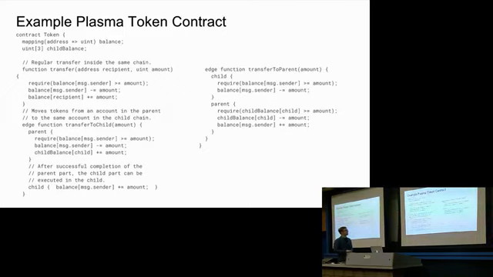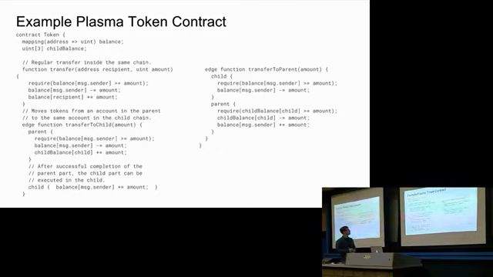This is a slight variation of standard Solidity. And we have a token contract here. It has a mapping of balances, and it also has these three integer values which track the sums of the balances in the child chains, or where the tokens are locked.